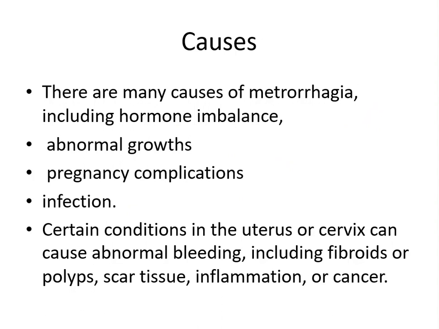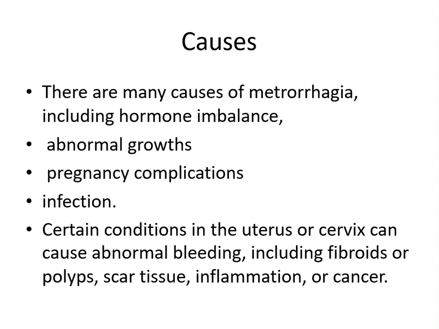Next is infection. Any infection in the genital tract or endometrium, any inflammation, can lead to metrorrhagia. Next, certain conditions in the uterus or cervix can cause abnormal bleeding.